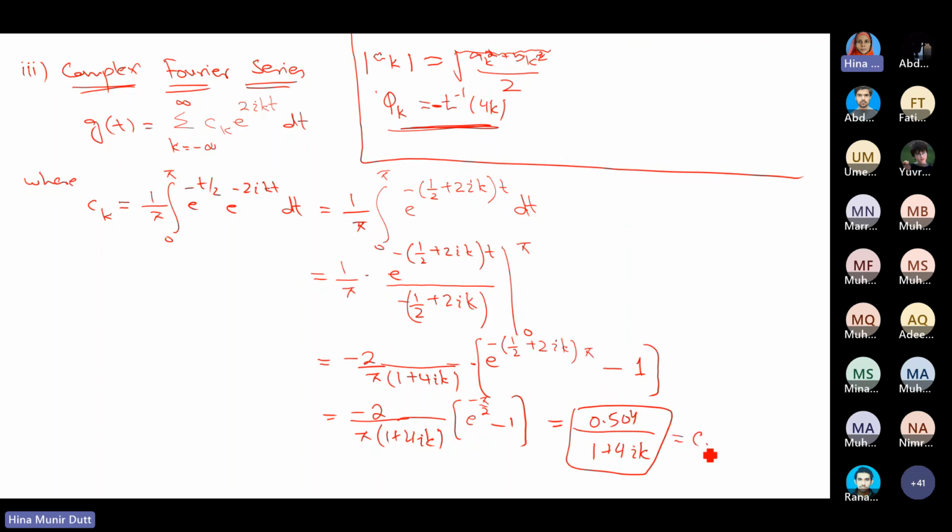This is your c_k, and if you calculate its magnitude, you will get the same answer.